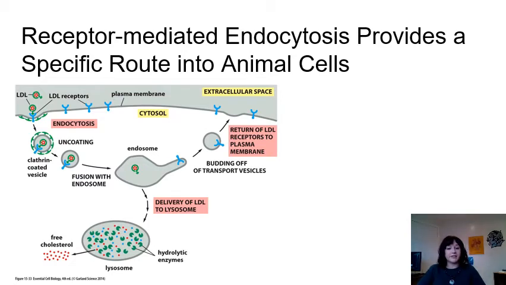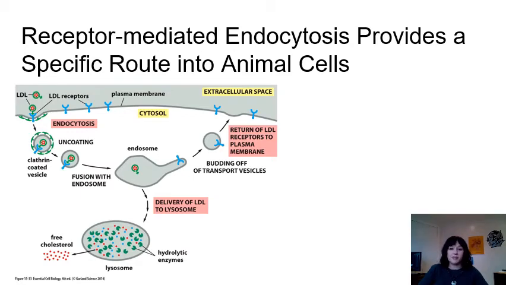Whatever is in the lumen is going to be released into the lumen of the endosome, and whatever is in the plasma membrane of that vesicle is now going to be incorporated into the plasma membrane of that endosome, as you can see in that blue receptor. So in order to further break down that LDL and cholesterol, the endosome will travel to a lysosome, and it'll fuse with that lysosome.